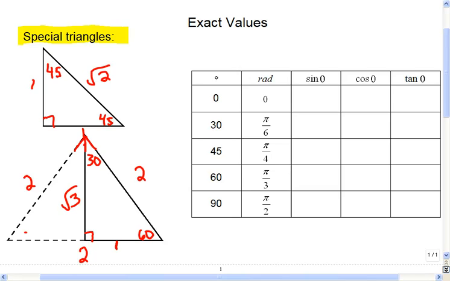So we're going to use these values now and try and come up with exact values for these angles. For example, at 30, if I wanted to know the sine of 30 degrees, it's going to be the opposite side divided by the hypotenuse, so it would be 1/2. If I wanted to know the cosine of 30 degrees, it would be the adjacent side divided by the hypotenuse, so it would be root 3 over 2.